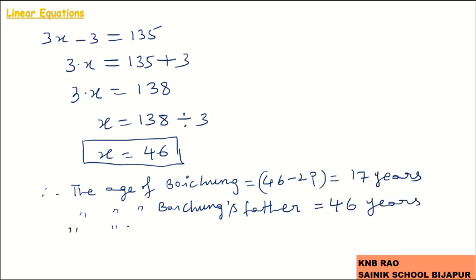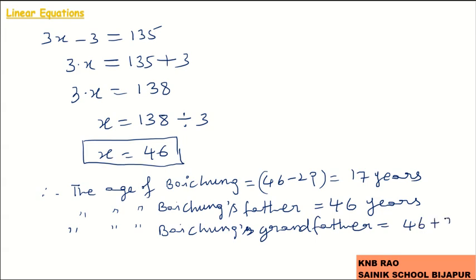Next, the age of Baichung's grandfather, which is 46 plus 26 gives you 72 years. This is how we conclude.